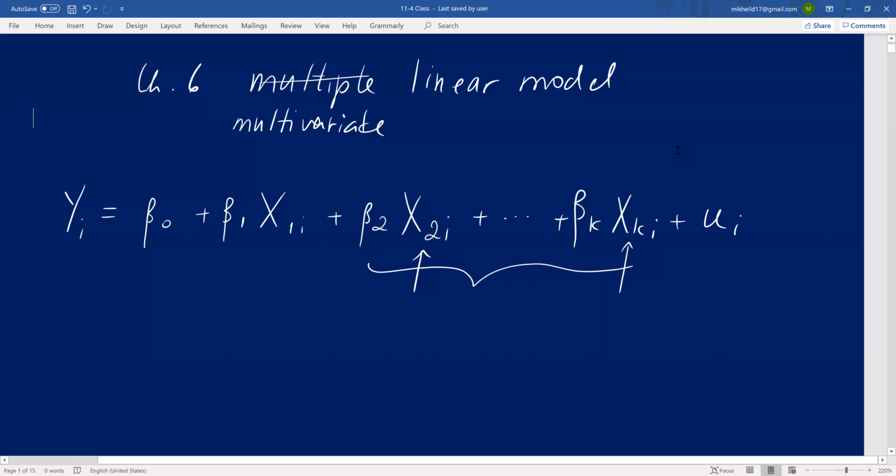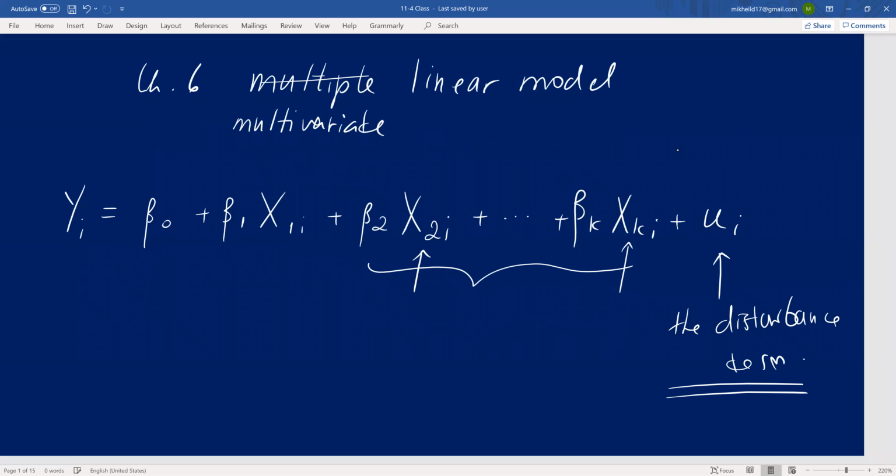So this ui here, that's the disturbance term. And as you know, we don't know ui. So ui is a disturbance term for observation i, right?